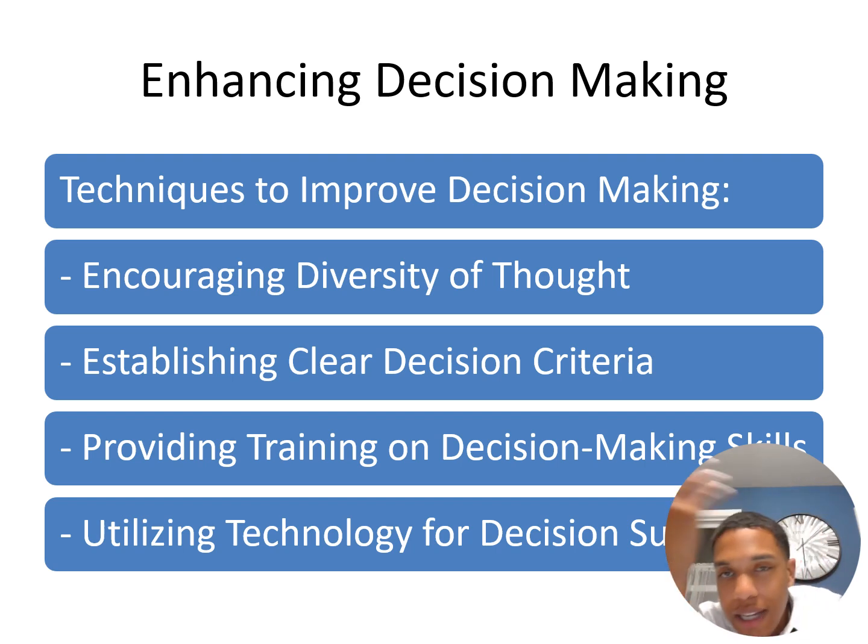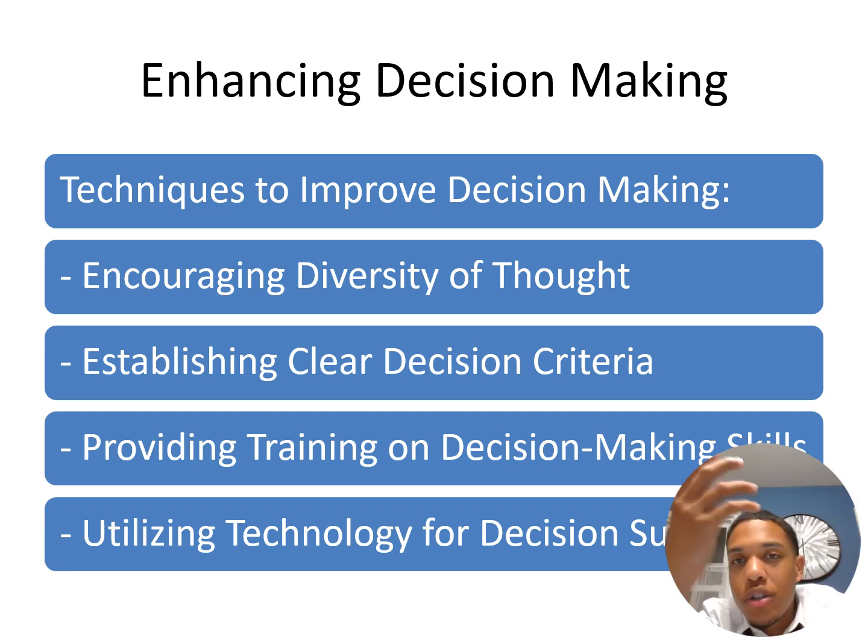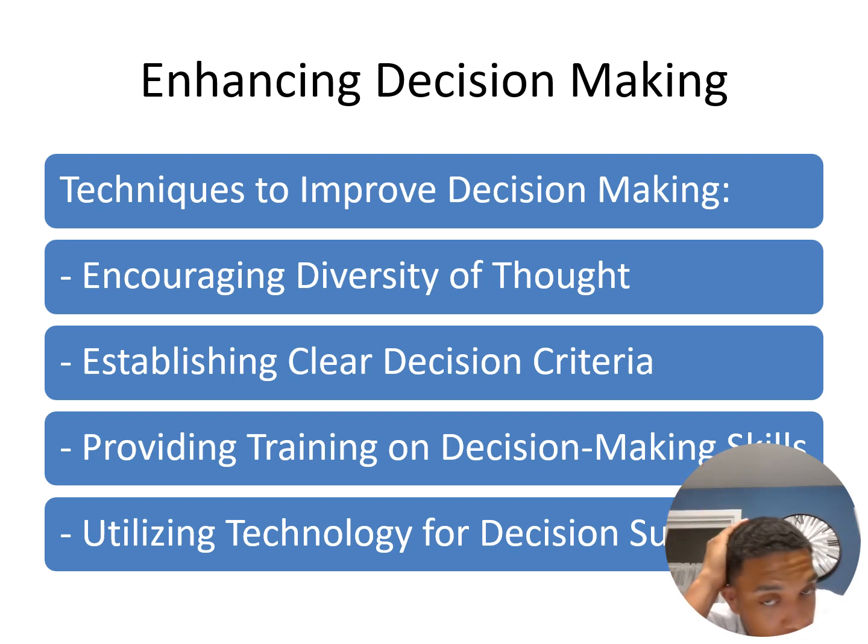So, utilizing technology like decision support systems can enhance information gathering and analysis. Encouraging a culture of continuous learning and feedback can help individuals and teams refine their decision making process. And creating an environment where experimentation and learning from failures are valued can lead to more innovative and effective decision making. All right.